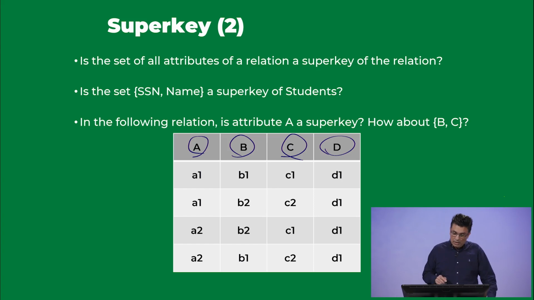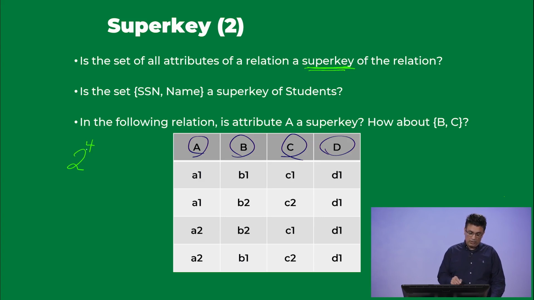Now, when we say that a super key was a set of attributes, in this case, because we had 4, we know that there will be 2 to the power of the number of attributes that we have in the table, which in this case is 4.